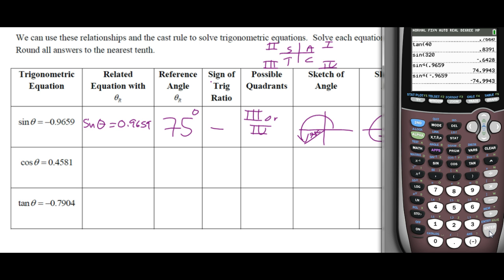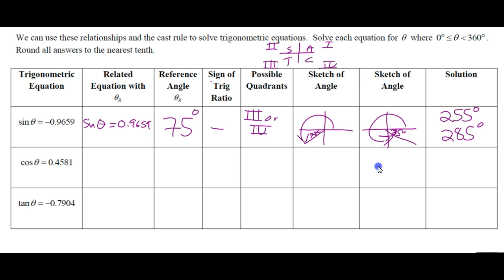So you look at that and you say negative 75, and then you can add 360 to get the 285. But you'll miss the 255 because you're just using your calculator. When you ask it for the inverse sine, inverse cos, inverse tan, it goes to the closest angle, which is either going to be in quadrant 1 or quadrant 4.